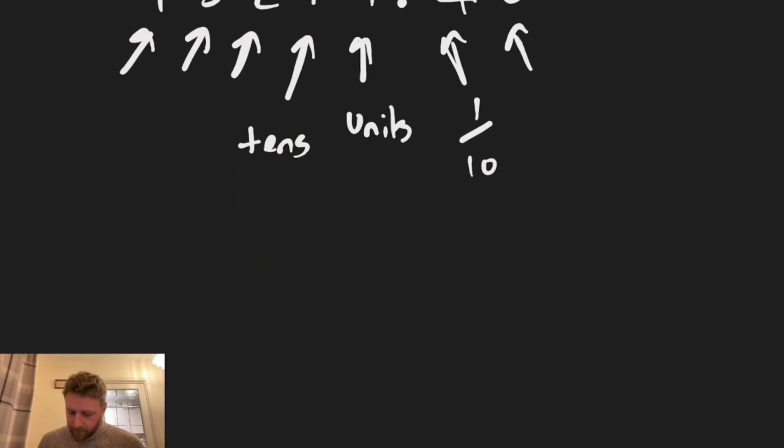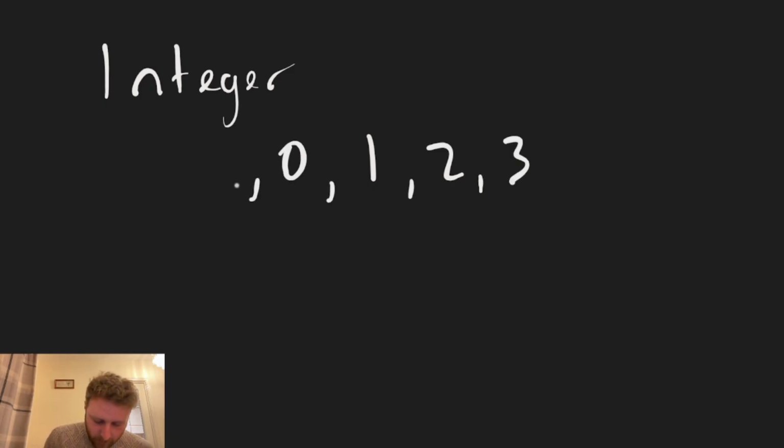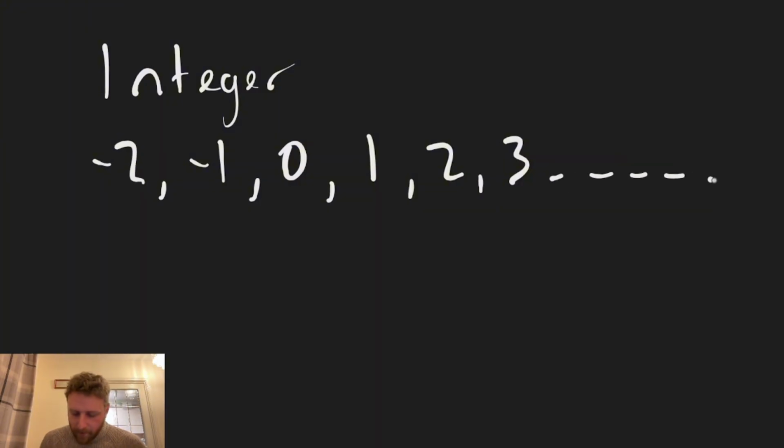So the word integer basically just means a whole number, and that could be a positive or a negative whole number. So 1 is an integer, 2 is an integer, 3 is an integer. Interestingly though, 0, -1 and -2 are also integers, and then any whole number after that or any whole number before that is also an integer.